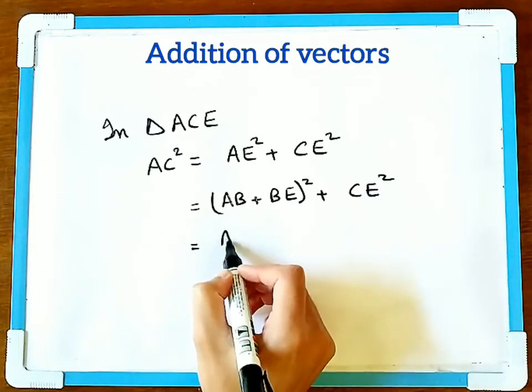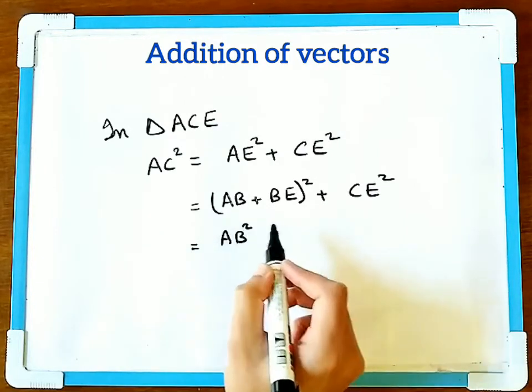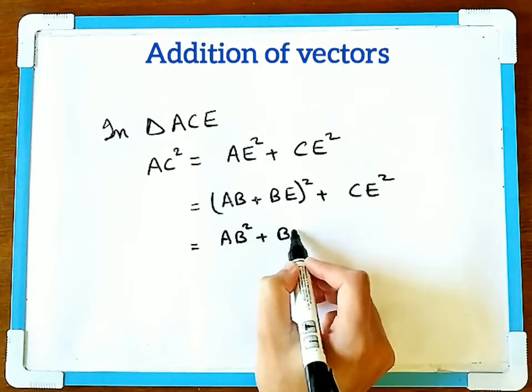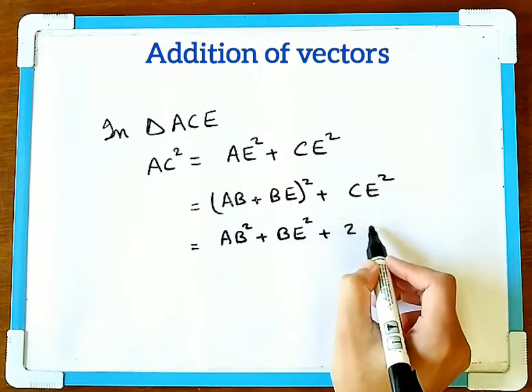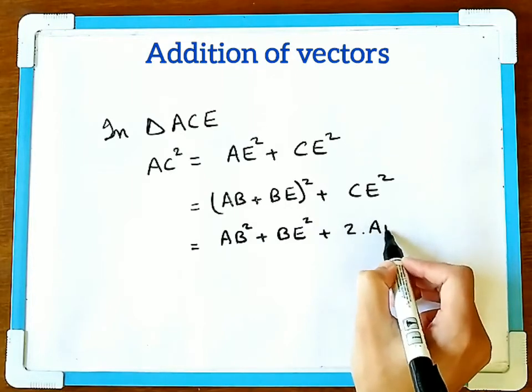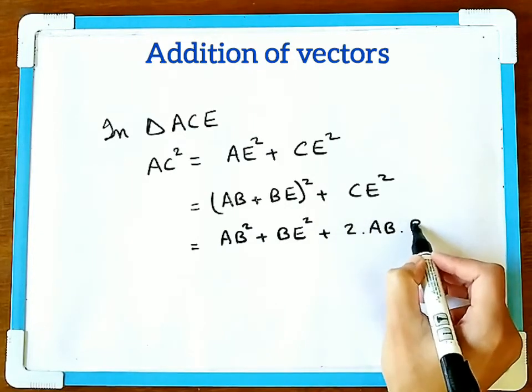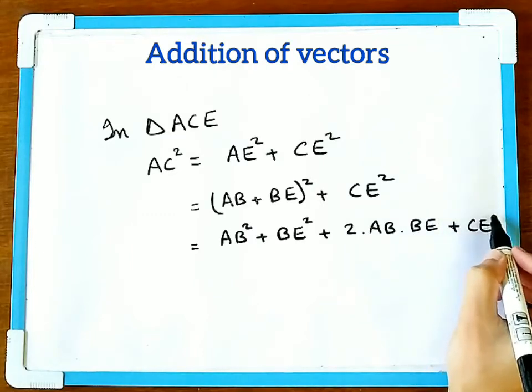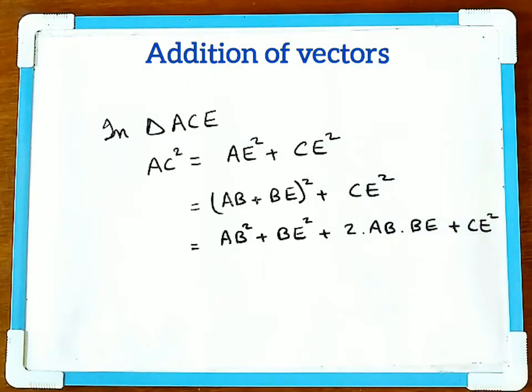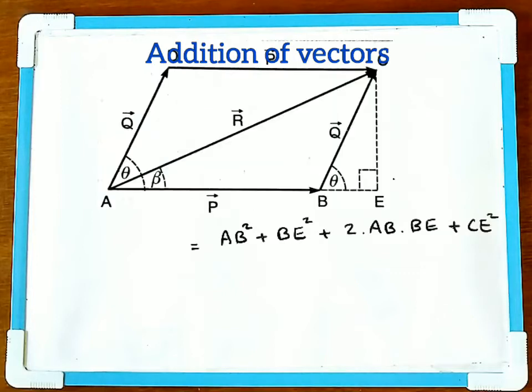What you'll have is AB square plus BE square, then plus 2 into AB into BE, then plus CE square. Now we look at this triangle BEC.